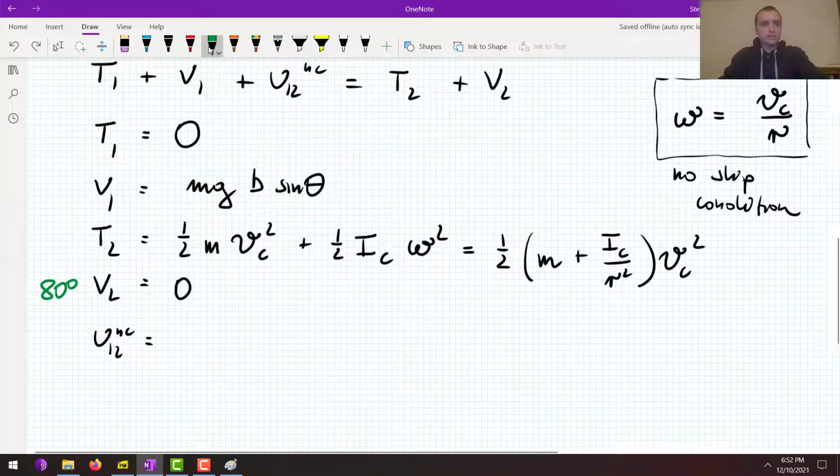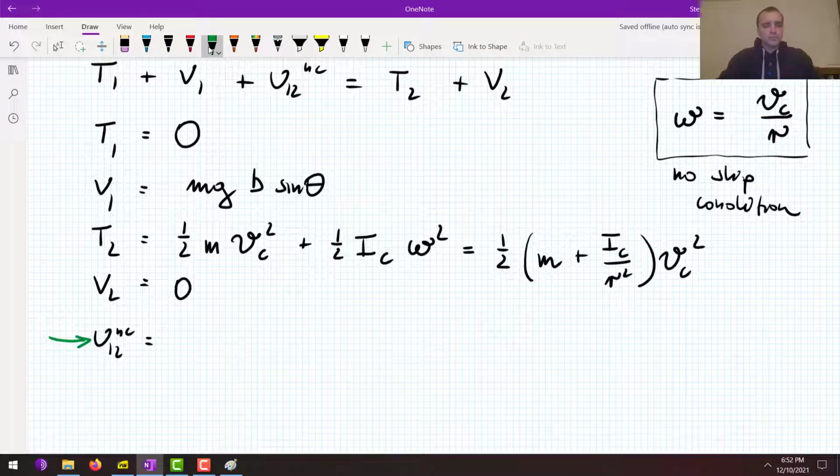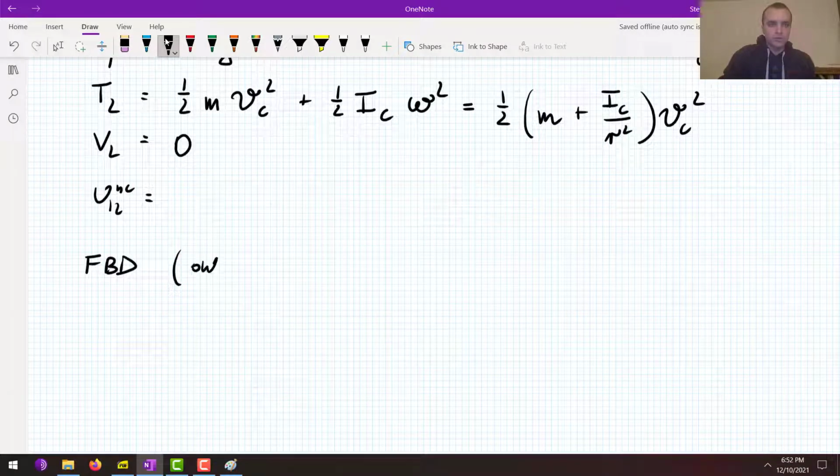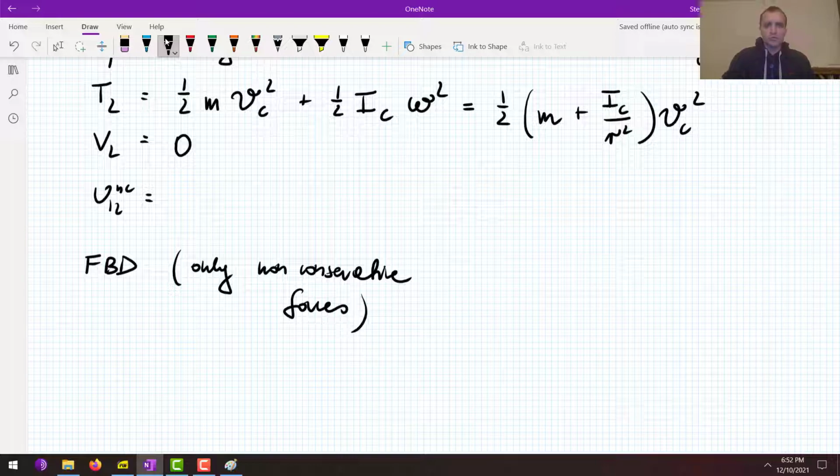Now, one last part. Work of non-conservative forces. Before we find work of non-conservative forces, we must draw what non-conservative forces act on our system. Okay? So, let us draw FBD, but only non-conservative forces. Only non-conservative. So I will skip gravity.